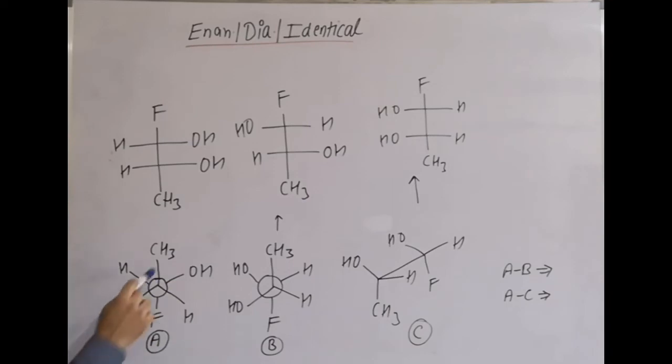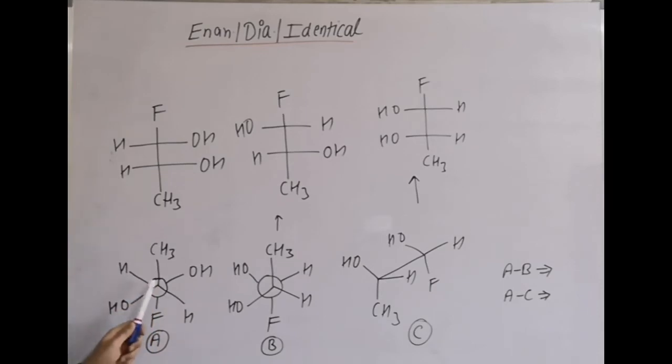Rotate the front carbon exactly by 180: CH3 goes in front of fluorine, OH goes in front of OH on the right, and H goes on the left in front of H. It becomes the eclipsed form, and we write it in the Y: both H on the same side, both OH on the right side, CH3 below in front of fluorine.